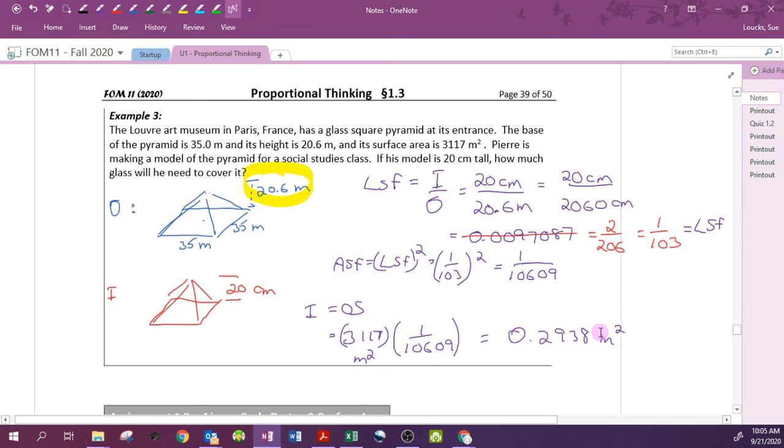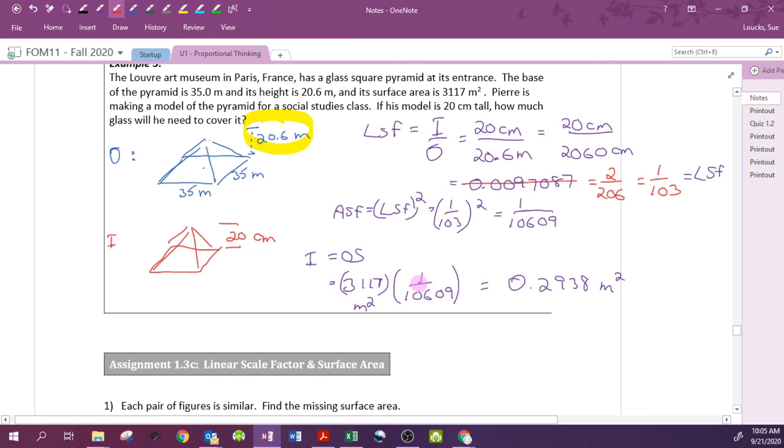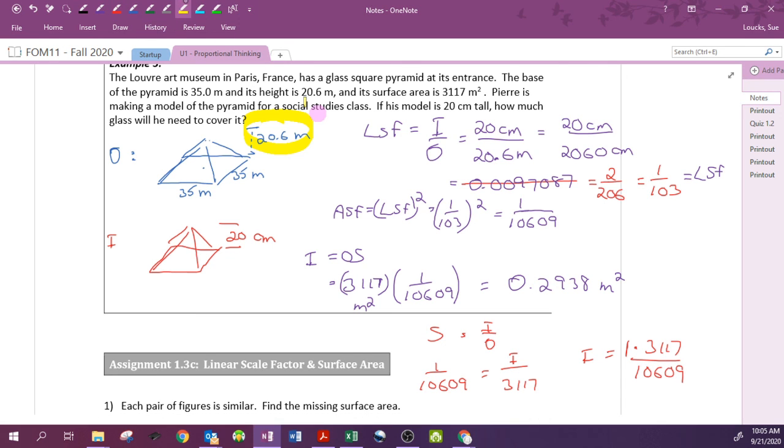Then just to show you, I could have also done this using scale equals image over original, where my scale is 1 over 10609 equals my image over my original, which is 117. Then I get I equals 1 times 117 divided by 10609, which is the same thing as I had here.